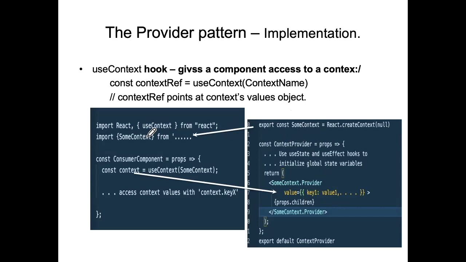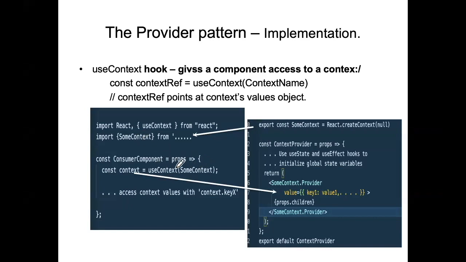That's number one. Number two, for this component to access the context, it needs to use a special hook called the useContextHook. And the argument that we pass to the useContextHook is our reference to the context that we've imported.